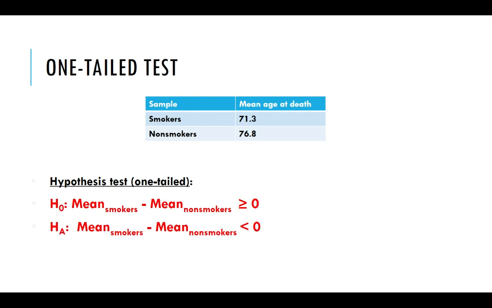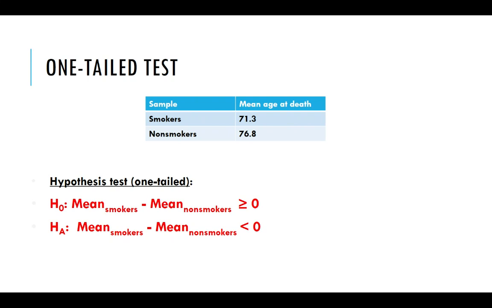That leaves me with our alternate hypothesis, which is the mean age at death for smokers minus the mean age at death for non-smokers. Well, I think that smokers die earlier, so the first number is smaller than the second number. When I take the mean for smokers minus the mean for non-smokers, that should be a negative number. That's why I have less than 0.